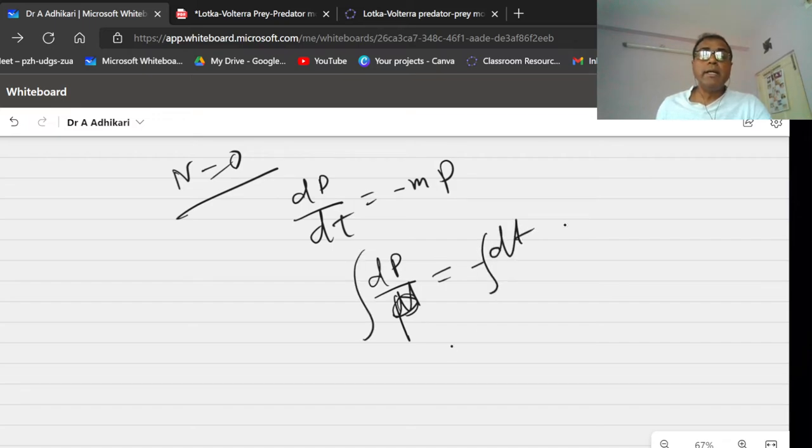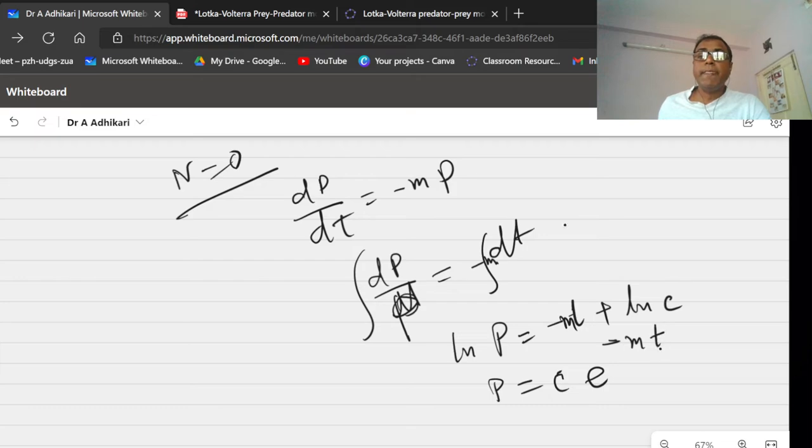Integrating, we get ln P equals minus Mt plus ln of some constant C. So P equals C into e to the power minus Mt, where M is a positive constant and t is time.